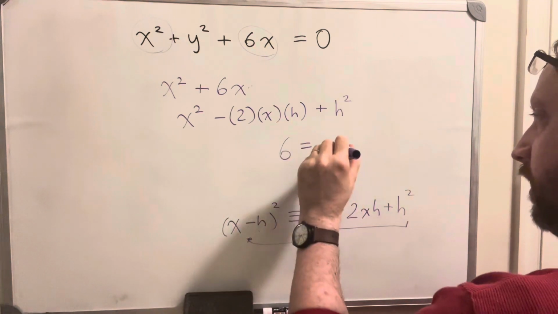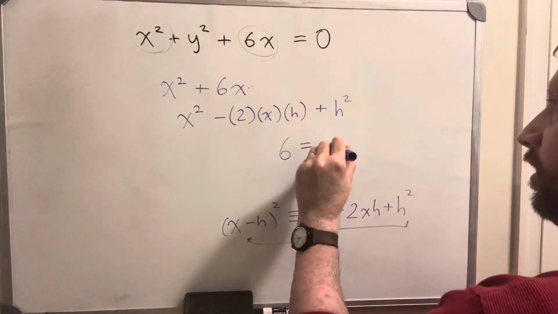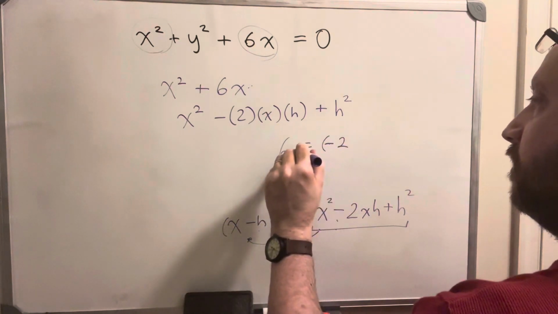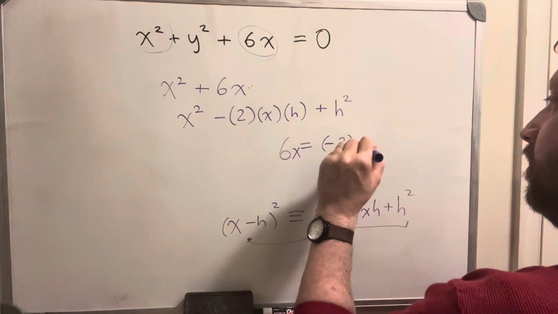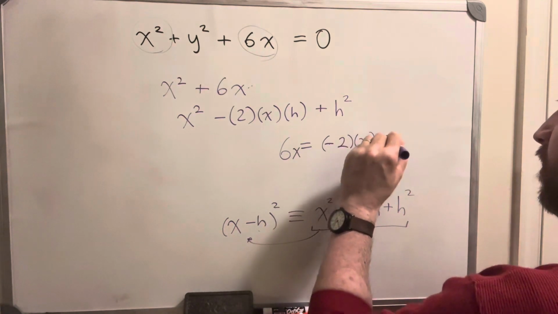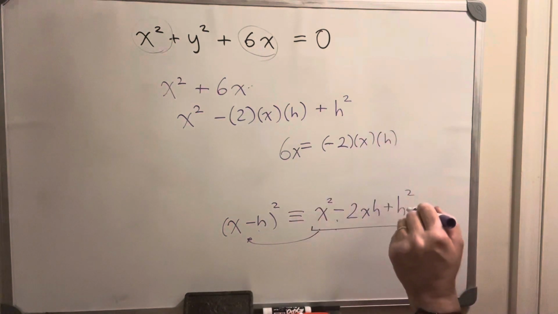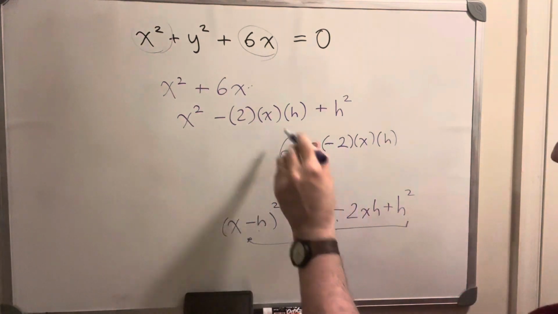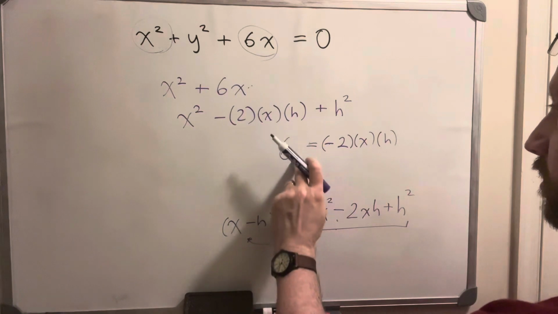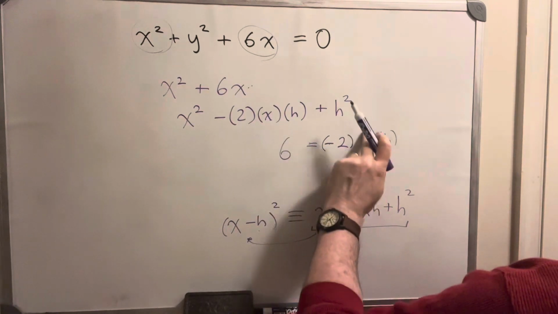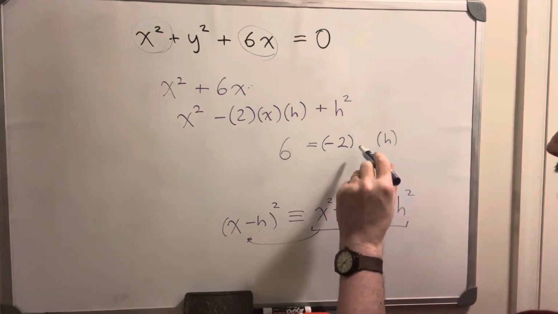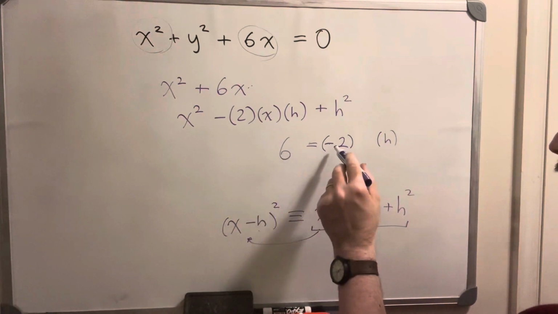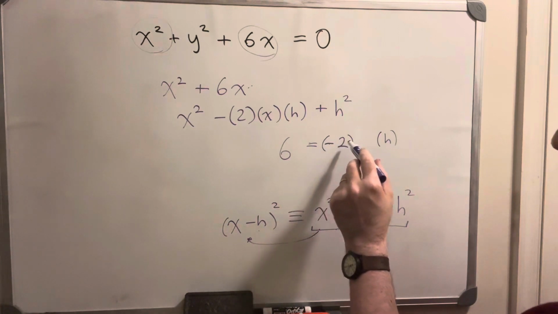Well, we can start to do this. Let's do this. We know there's going to be an x right there, and we've got an x. So let's just not draw it. So 6, positive 6 equals negative 2 times what?